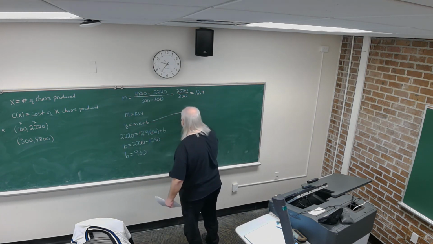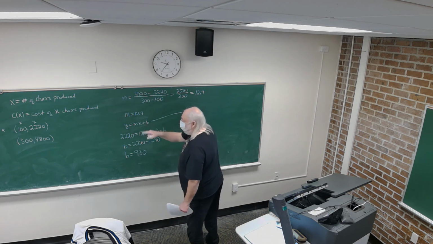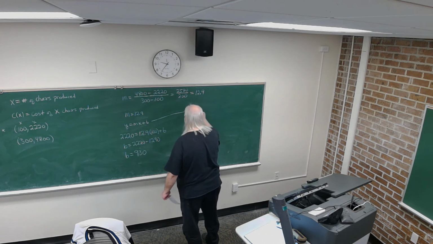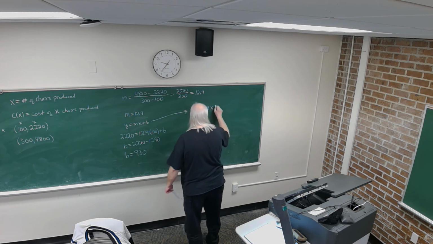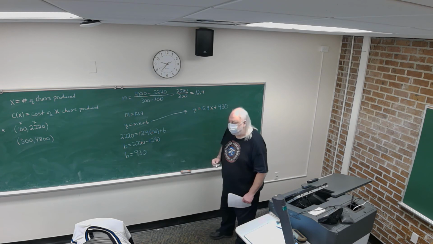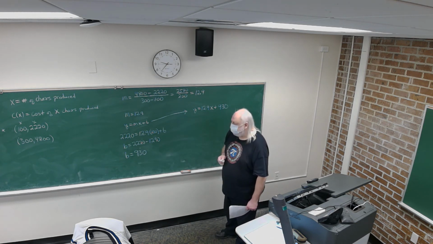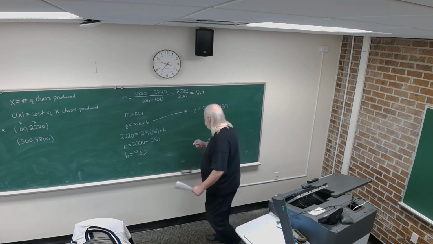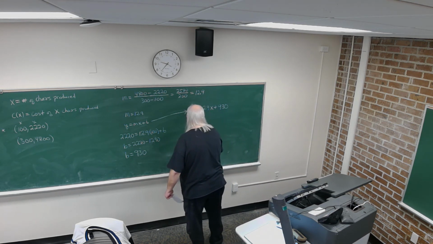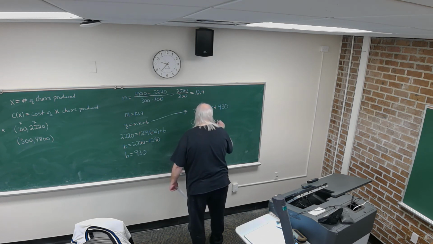So, the equation of the line that passes through those 2 points is y equals 12.9 times x plus 930. But we want a linear function, so we replace y with c of x, cost of x chairs produced. Okay. So we have c of x is equal to 12.9 times x plus 930.